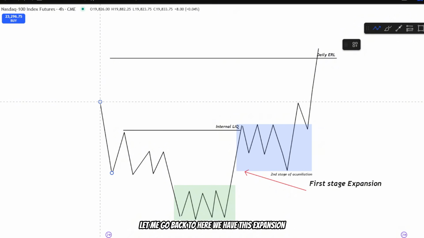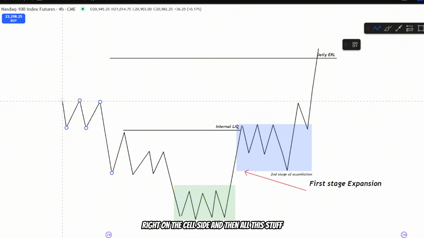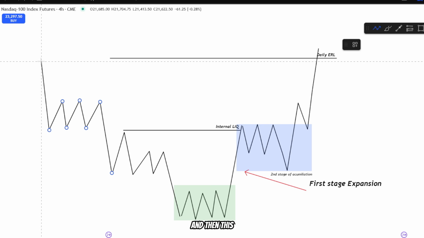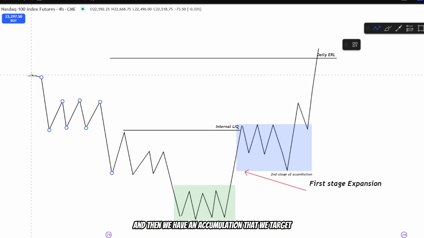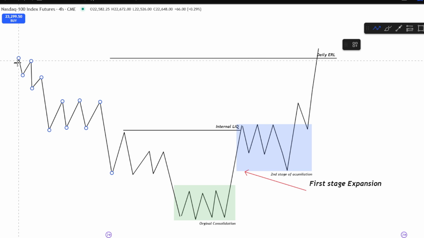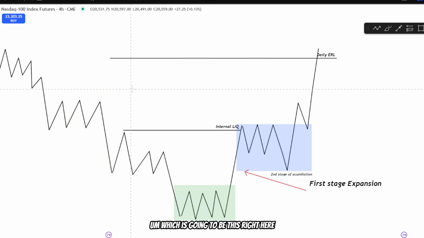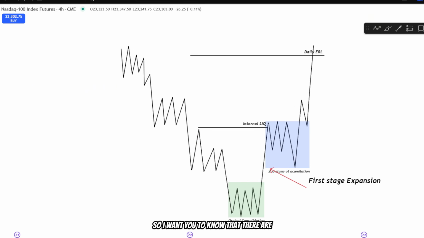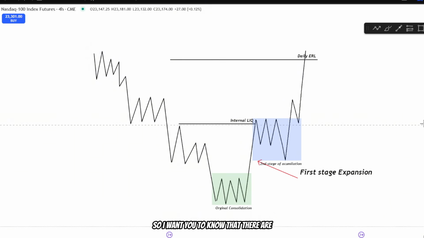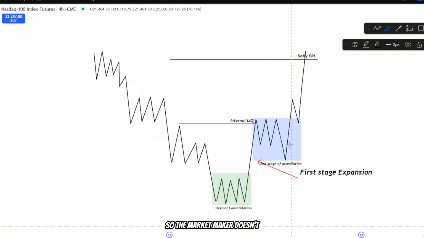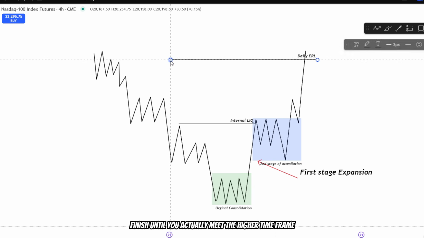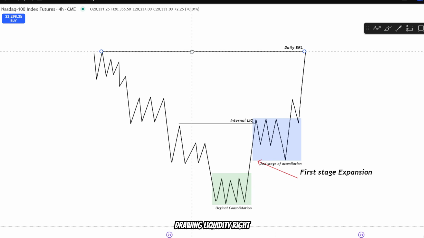We have this expansion on the sell side, and then all this stuff, and then we have an accumulation that we target, which is going to be this right here. So I want you to know that the market maker doesn't finish until you actually meet the higher time frame drawn liquidity, right?